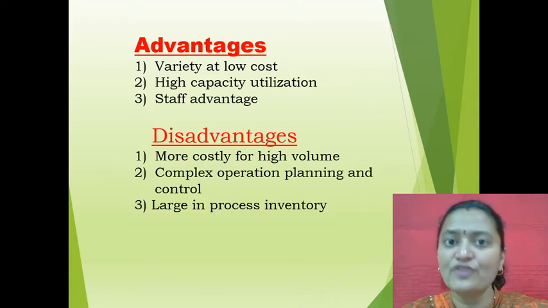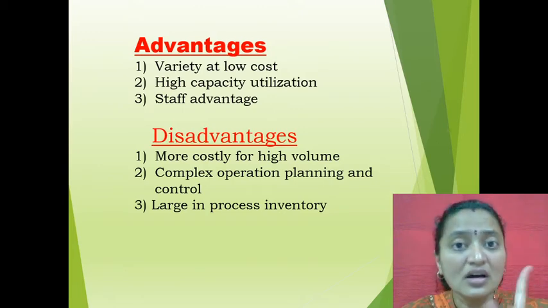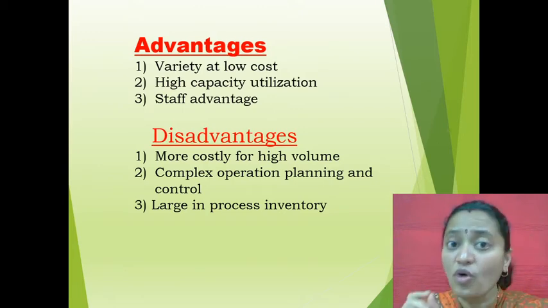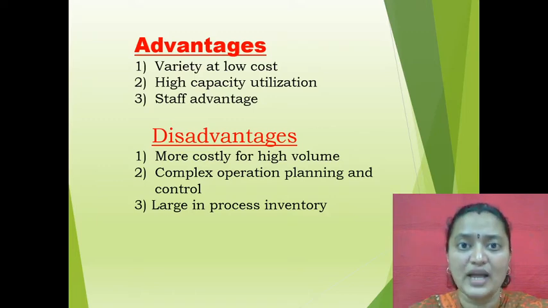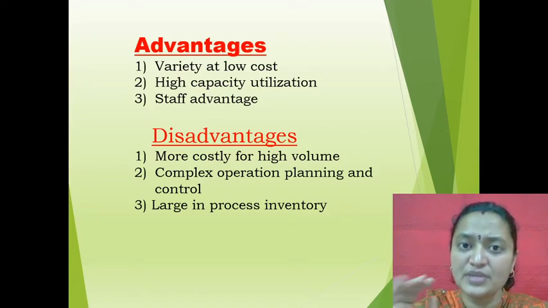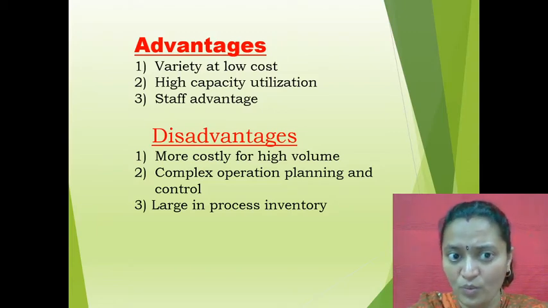Variety of products means different kinds of products are being produced. But when a different variety of products has been manufactured, the question arises: what is the price or cost being incurred for that? The cost which has been incurred is less, or low.